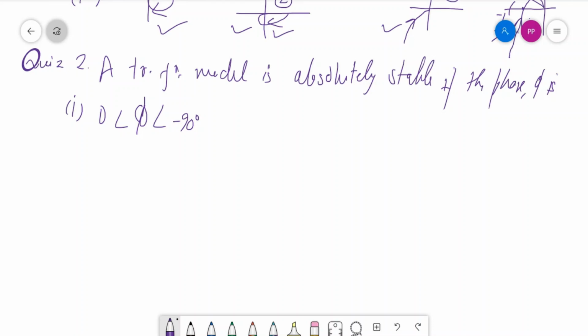Number 2, -90 degree is less than phi is less than -270 degree.